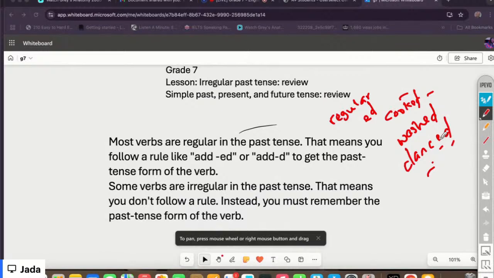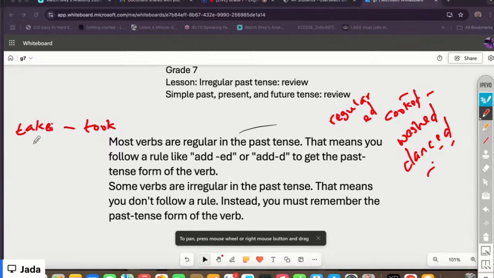Okay, and then some of the verbs are irregular in the past tense. That means they don't follow a rule. Instead, you need to remember the past tense form of the verb. You cannot add ed to them. Let's do some examples. We have take, and then we have took. You cannot say take with ed, that's wrong.